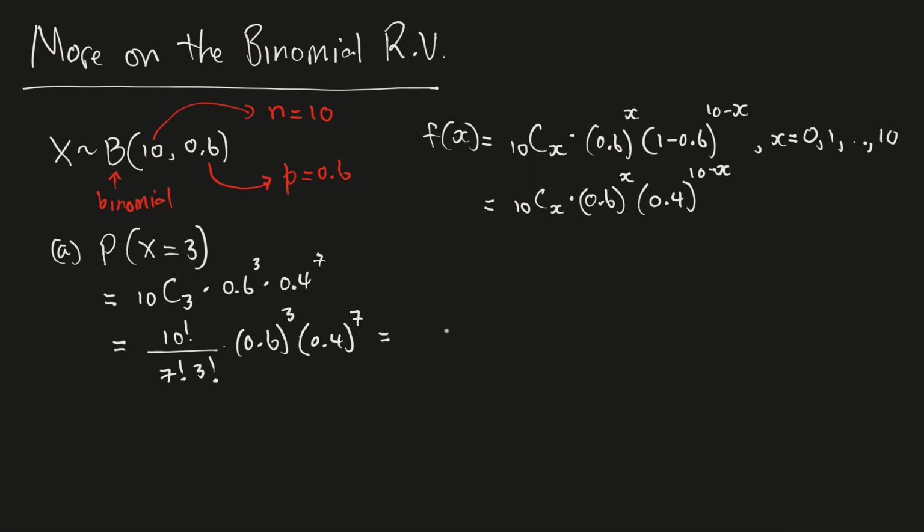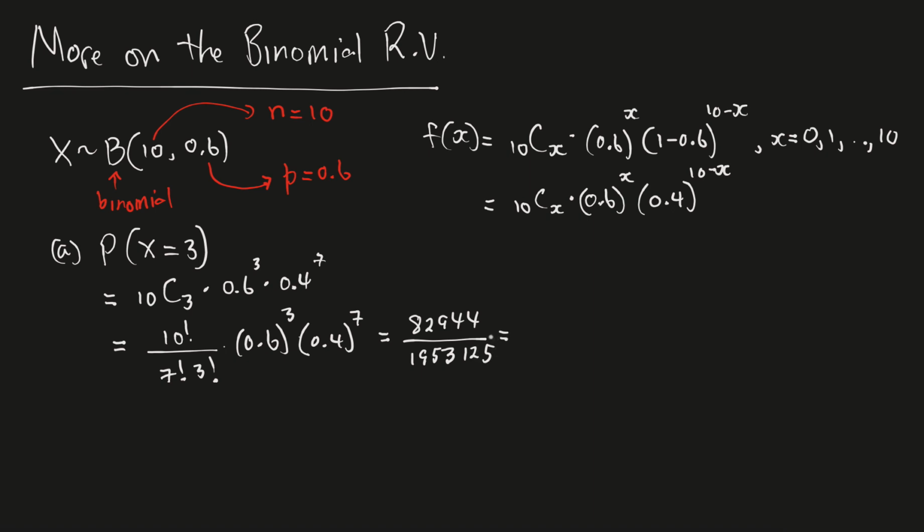Now let me write down the exact fraction here. It's 82,944 over 1,953,125.